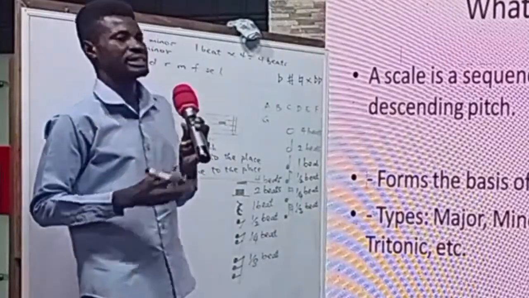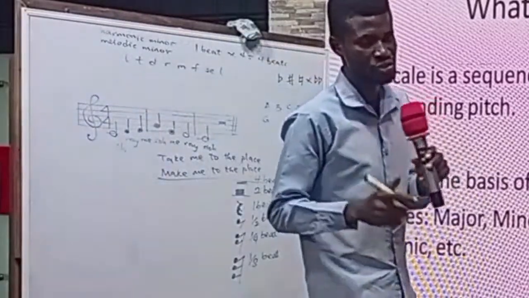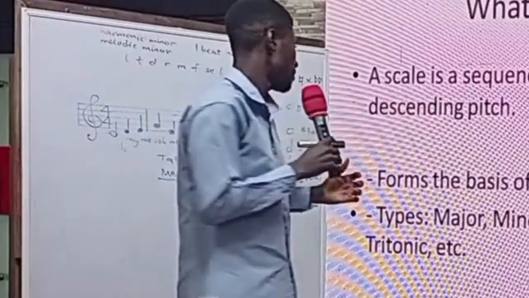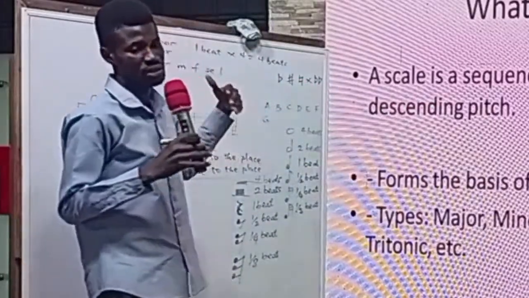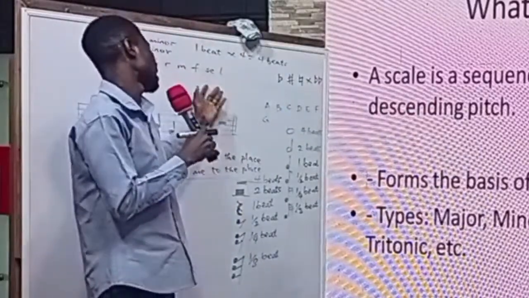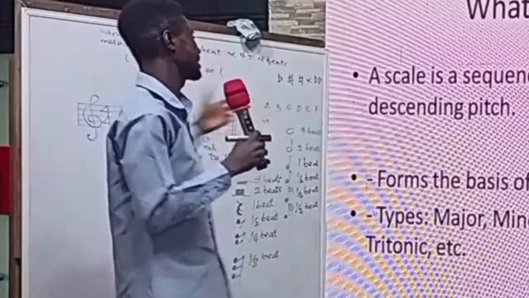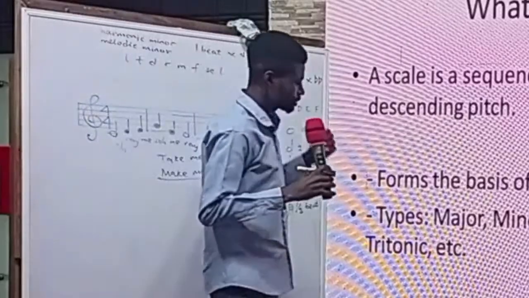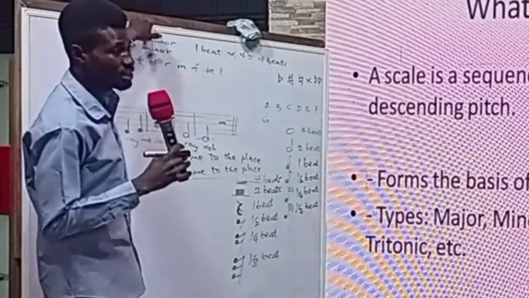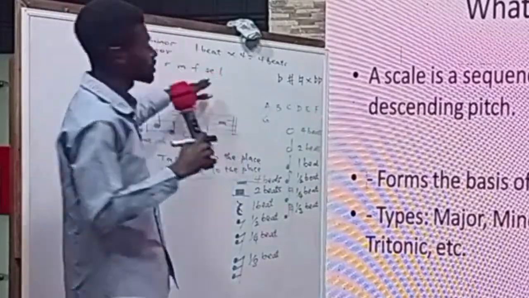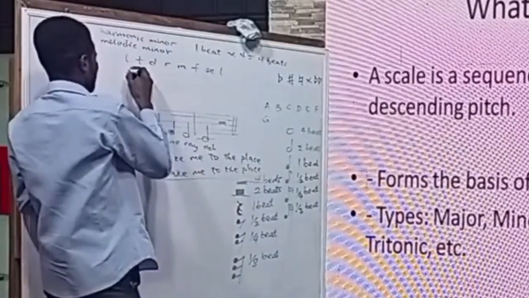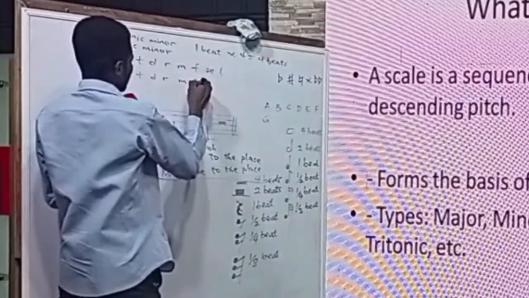In some movies, they make use of tunes from the harmonic minor scale. You hear much of these notes, la, ti, do, re, mi, fa. You hear more of si. You can hear tunes like la, ti, do, ti, la, re, do, ti, la, si, ti, la. That's harmonic minor scale. And then we have the melodic minor scale. That one has both the 6th and the 7th notes sharpened.